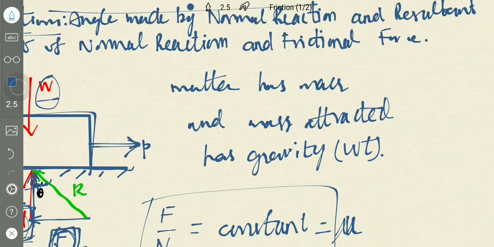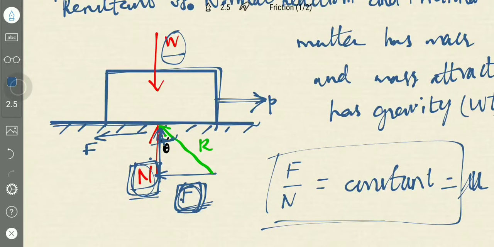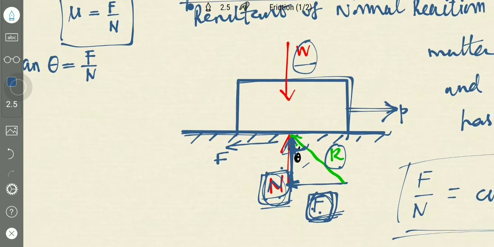We can see here that the normal reaction is this and the frictional force is this. The resultant of frictional force and normal reaction is, say here, R. The angle made by the normal reaction, which is this vertical line, and the resultant of normal reaction and friction, this green line, is theta, and it is called the angle of friction.